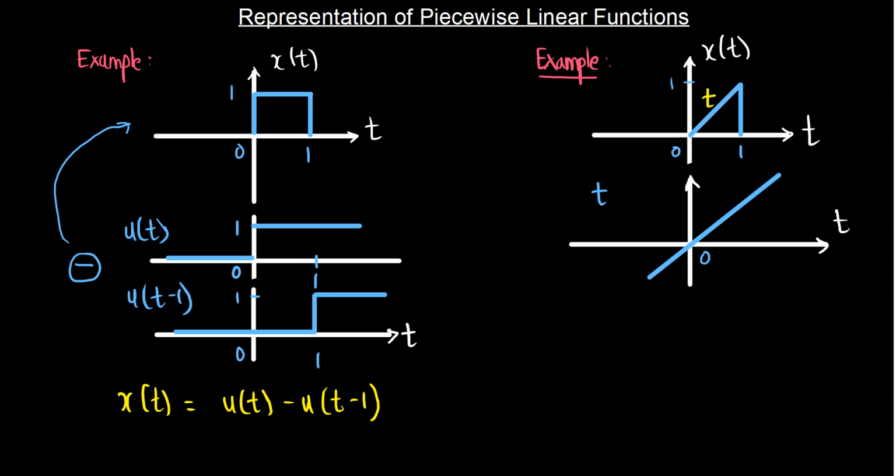The given signal is the same as that of t, but it is being stopped at t equals 1.